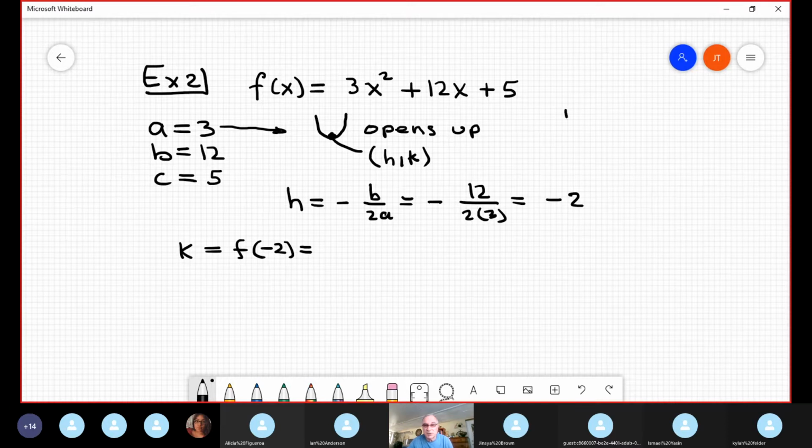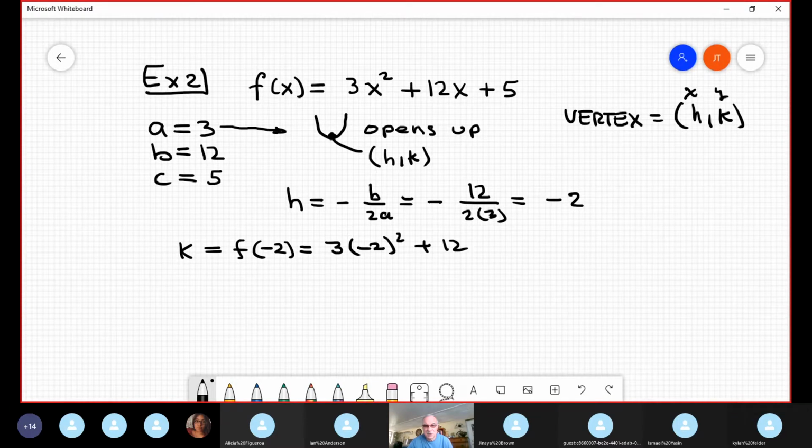So remember, the vertex has two components: H comma K. And the relationship is that K is the y value associated with the x. This is x and this is y. So 3 times negative 2 squared plus 12 times negative 2 plus 5. I could use my calculator, but it's not necessary, because negative 2 squared is 4, and 4 times 3 is 12.